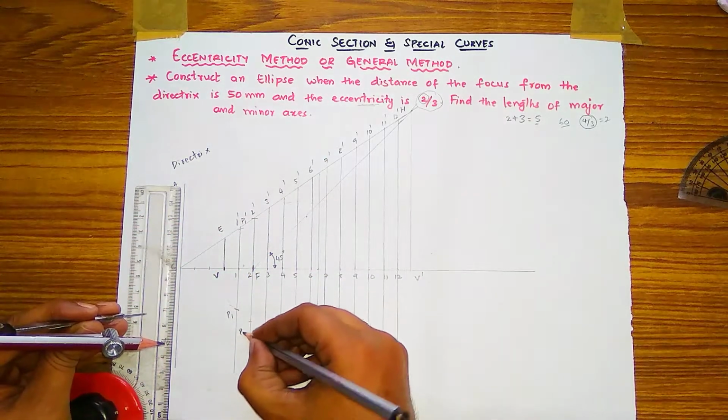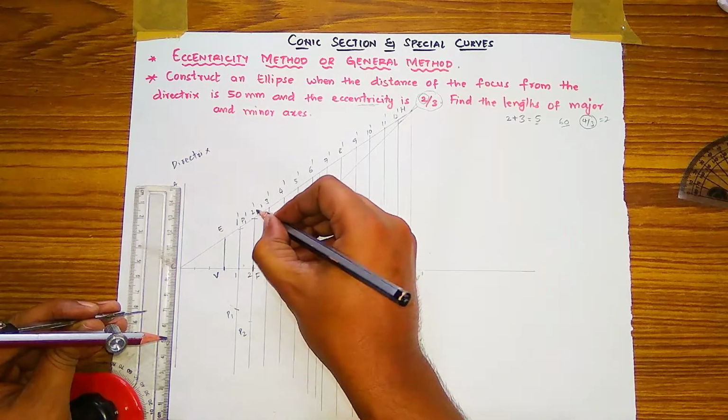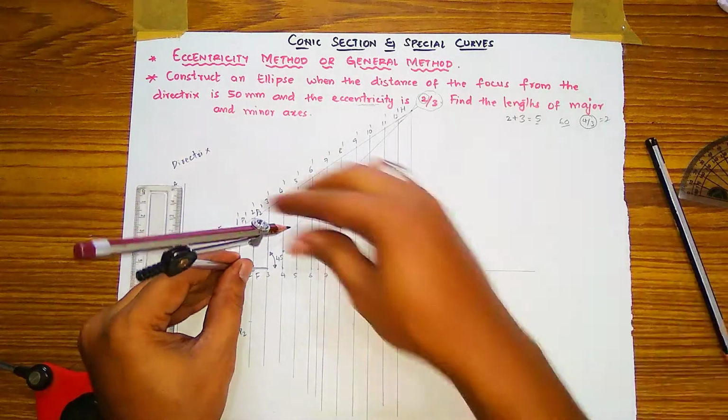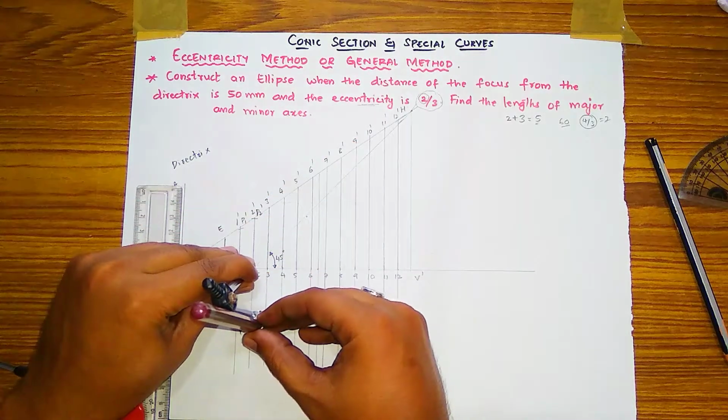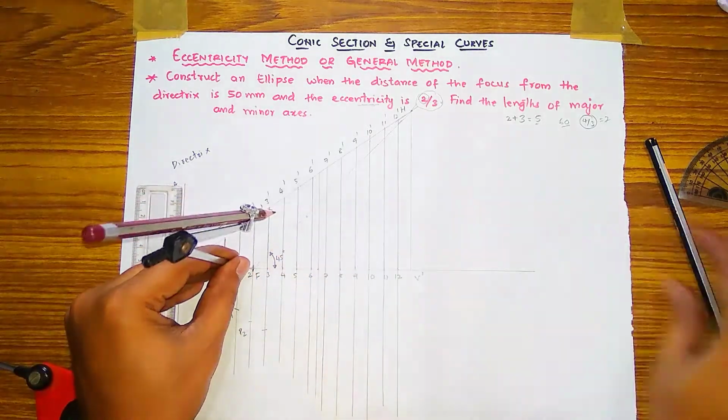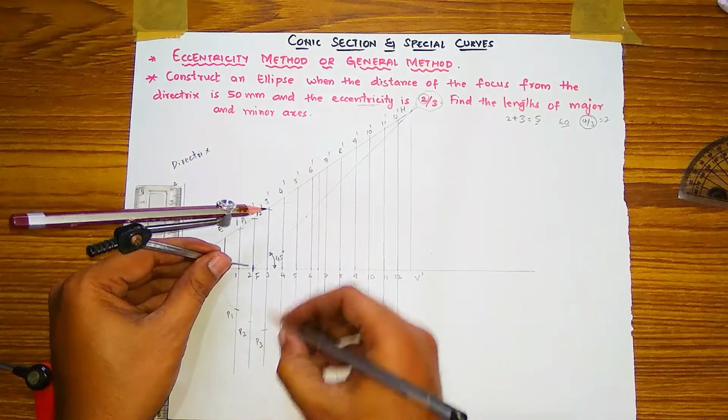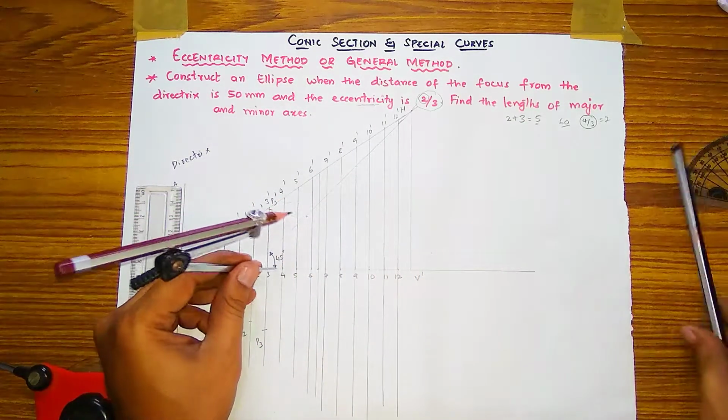And the same process you have to do for all. From 2 to 2 dash, keeping on F like this. This will be P2, P2 dash. And from 3 to 3 dash, keeping on F like this, P3, P3 dash.